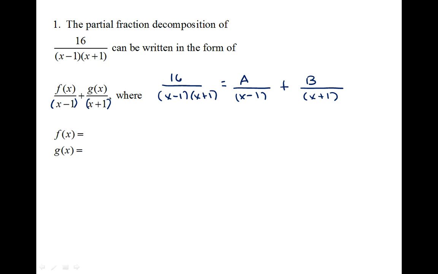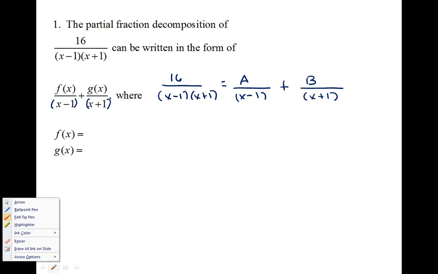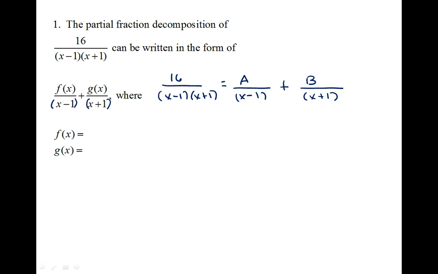Okay? And so what you'll do now is you're just going to multiply everything by the least common denominator, which is x minus 1 times x plus 1. I'll go back to red. So we're going to multiply everything by x minus 1 times x plus 1.